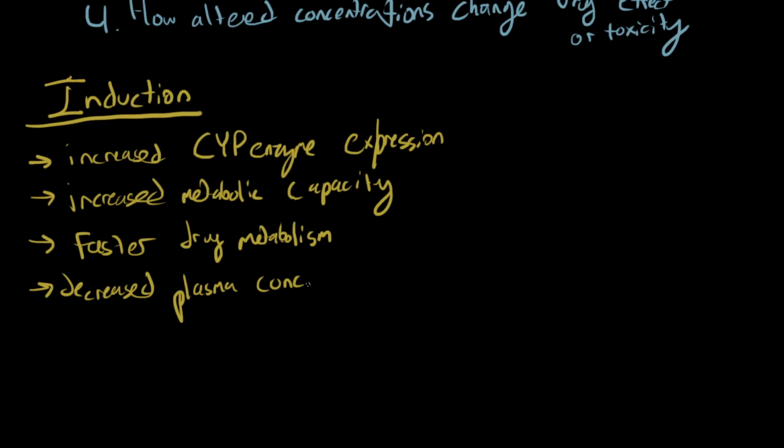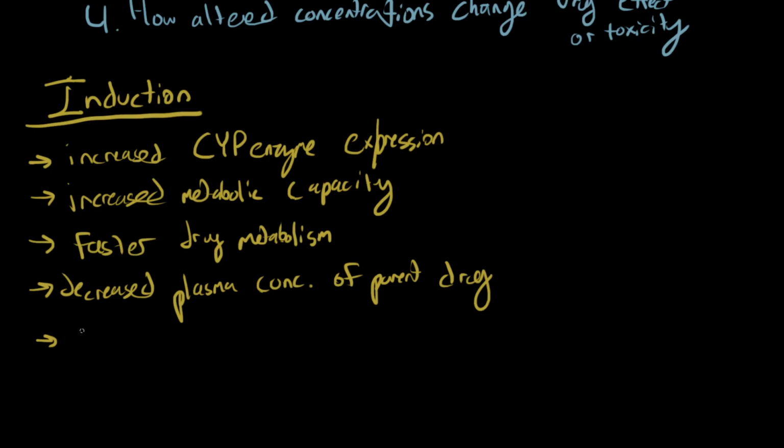This is what I was just talking about. You're going to have decreased plasma concentrations of parent drugs, so either a normal drug or a prodrug. If it is a prodrug, then you're going to have far more of the active drug because your CYP enzyme is metabolizing it quicker to its active form.